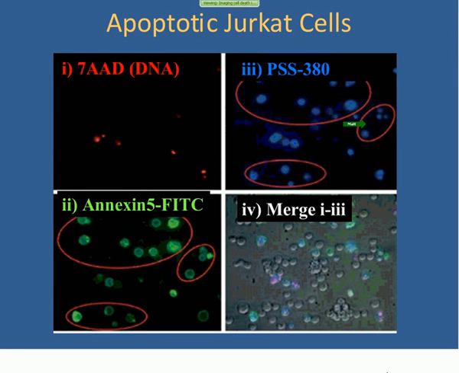Now, as an initial test, we would perform microscopy to verify that our PSS-based compounds are functioning in a similar fashion to Annexin. So here is a study looking at apoptotic Jurkat cells. And what you can see is that we have populations of cells, which are circled, that stain blue or green, but do not stain red.